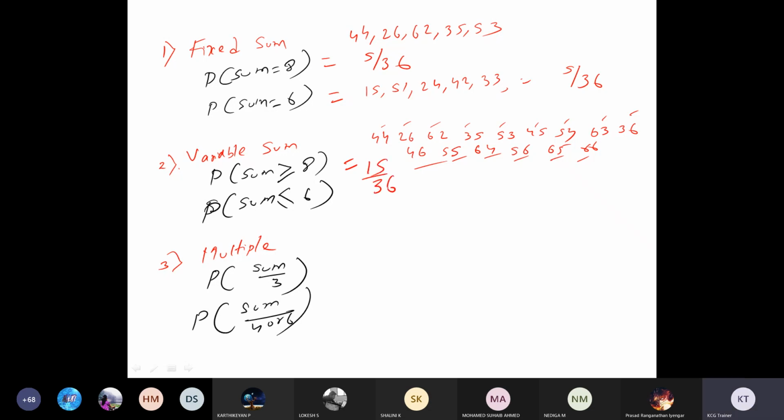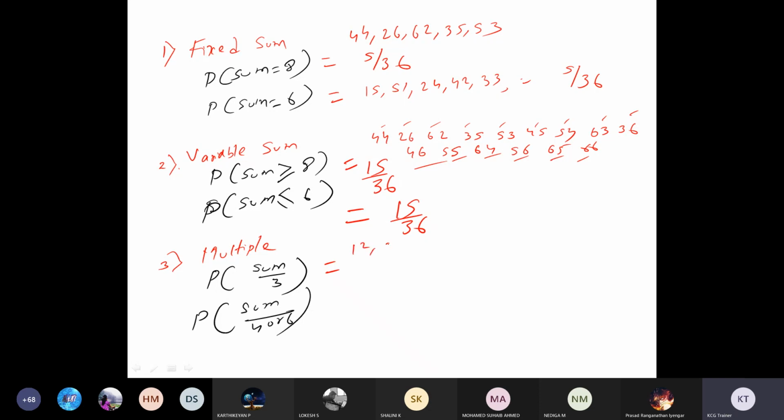15 by 36. Similarly, sum less than equal to 6. For that also you will get the same answer, 15 by 36. Probability sum divisible by 3. What are the sums which are divisible by 3?